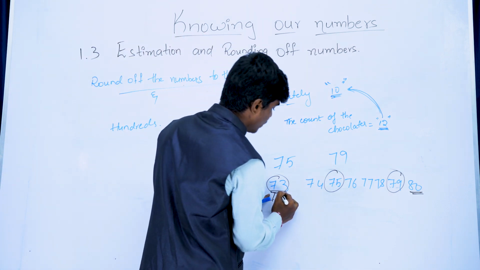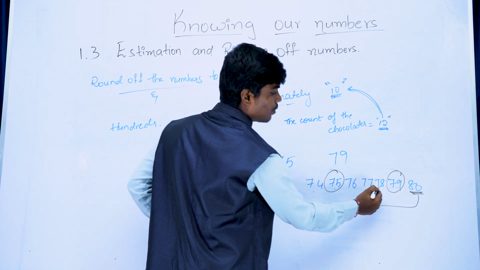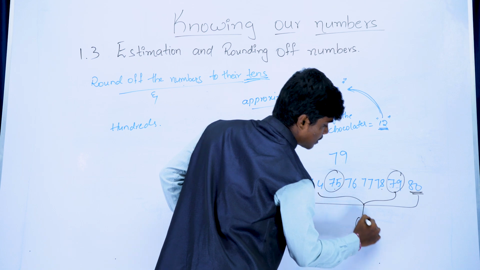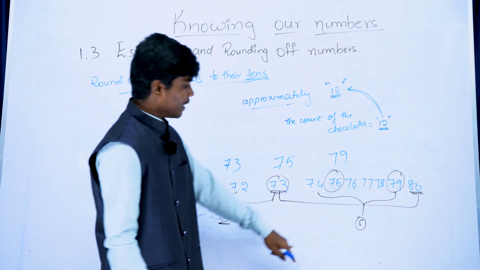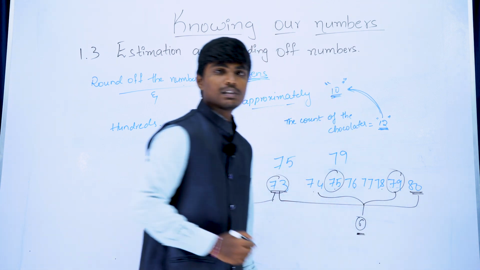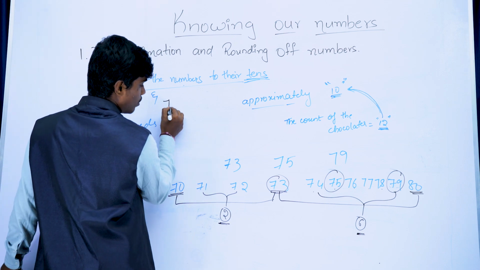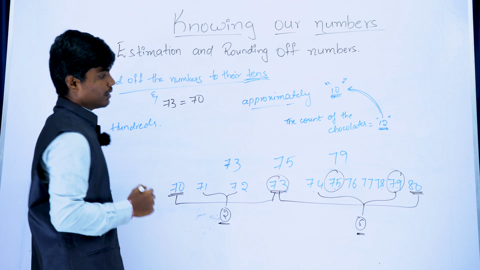Between 73 and 80, we have 1, 2, 3, 4, 5, 6. We have 6 numbers. Here the count is 2 and here the count is 6. So the nearest number is 70. So 73 is rounded to 70.